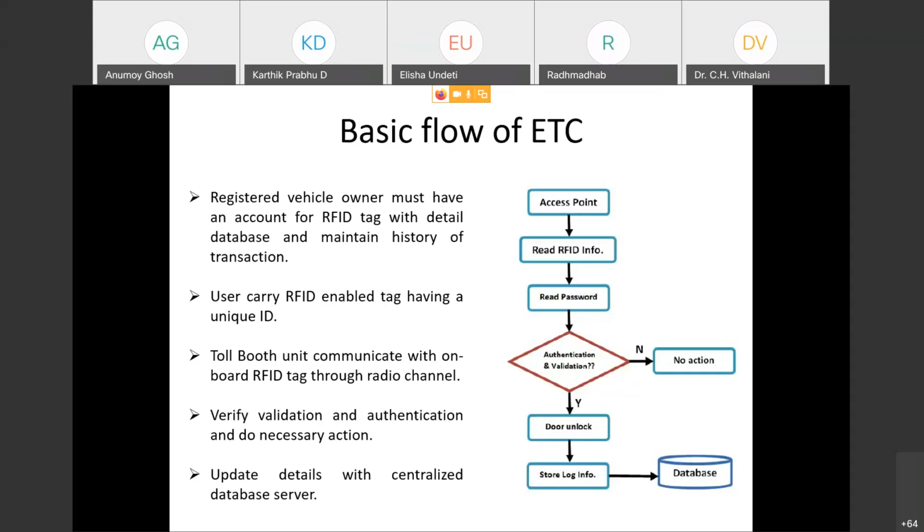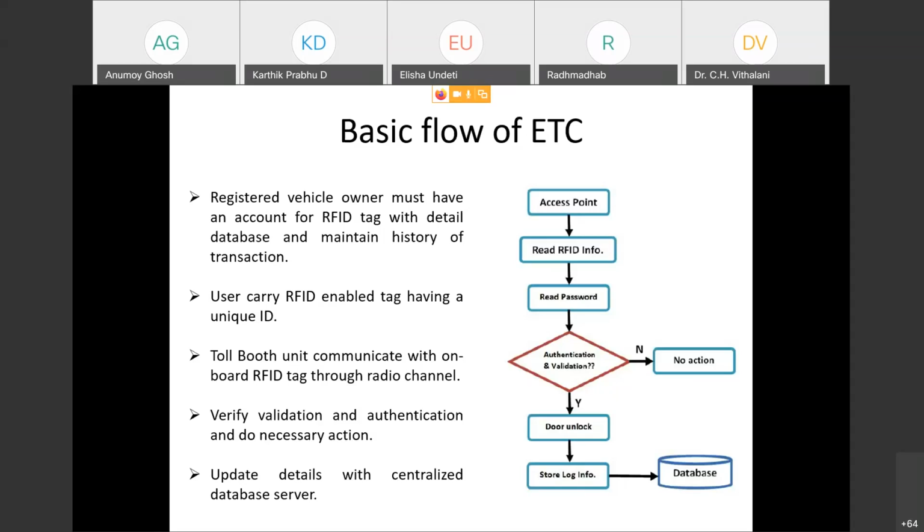Why do I keep two readers? Because authentication and validation require a different database, which is fed to the RFID reader through the middleware by the transport department. That means this reader has a dedicated function of matching the unique code of the card with the transport department database. Along with that, if the reader also needs to retrieve the data of the tag, store it and do the banking transactions, then it will require more memory.